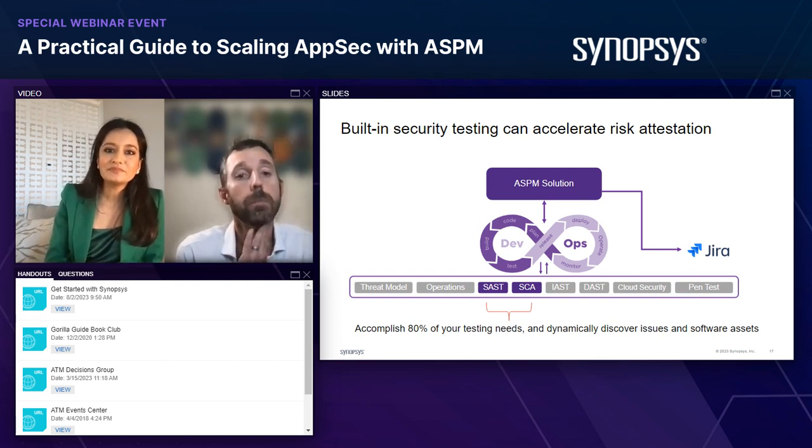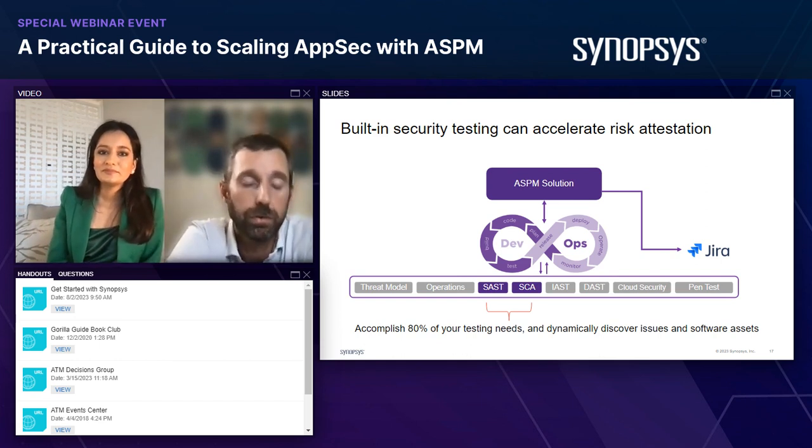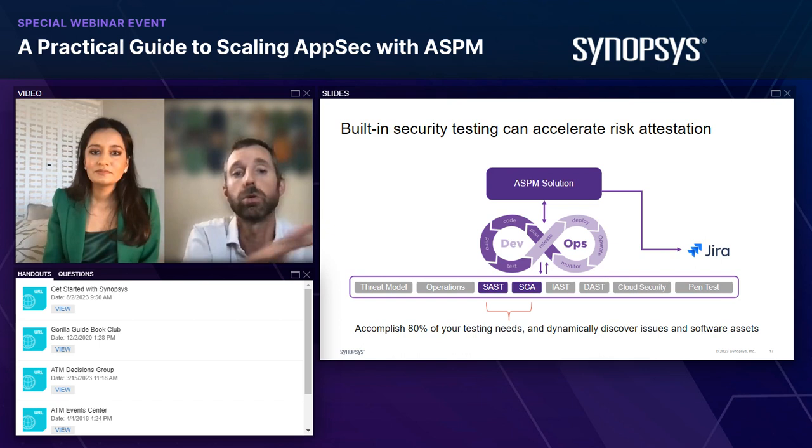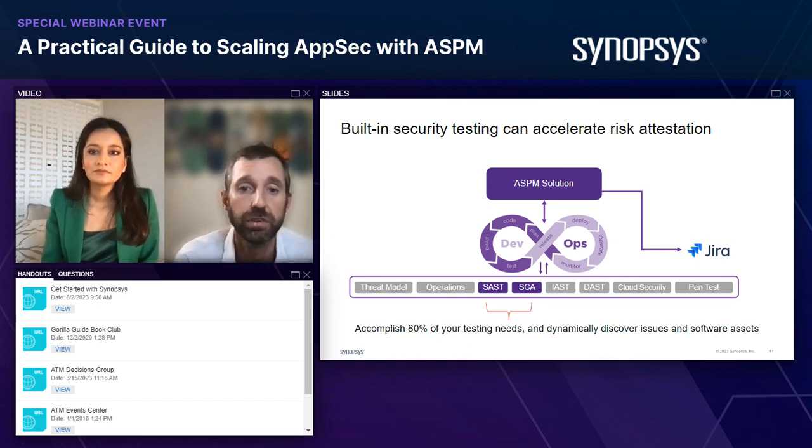Absolutely. So with regards to application security testing tools and the tools that are required to find the majority of the application security vulnerabilities that we're discussing, the two technologies that are the most well-known and the most automatable are SAST and SCA, given that static analysis has many advantages.